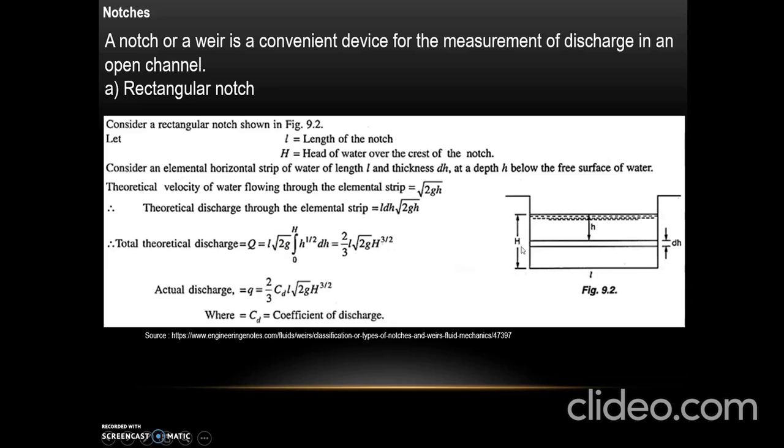Here only h is varying. So we will integrate h from 0 to capital H. We get 2 by 3 into L square root of 2g into H raised to 3 by 2. So actual discharge will be equal to 2/3 of CD into L into root 2g into H raised to 3 by 2, where CD is the coefficient of discharge.